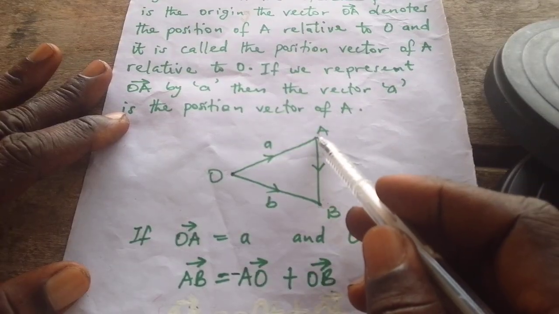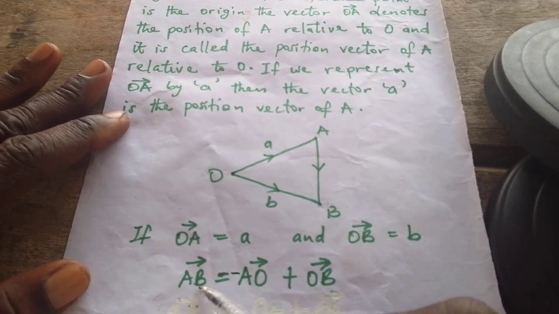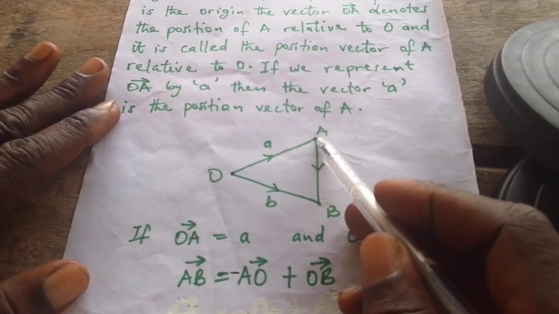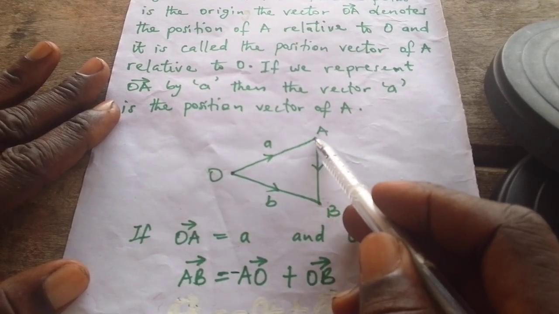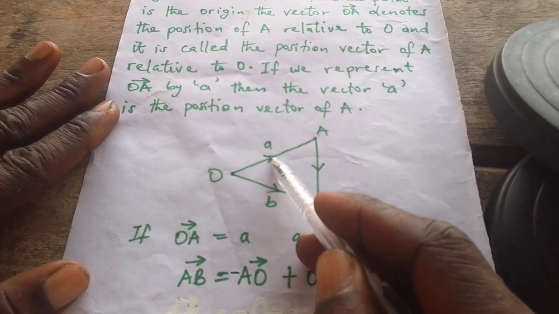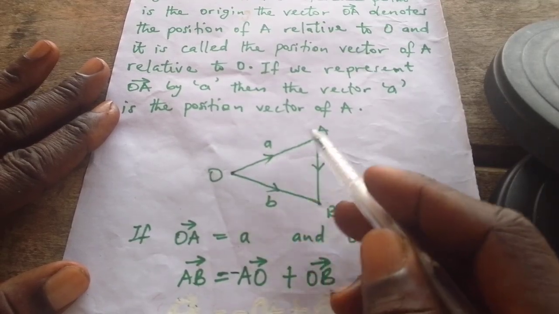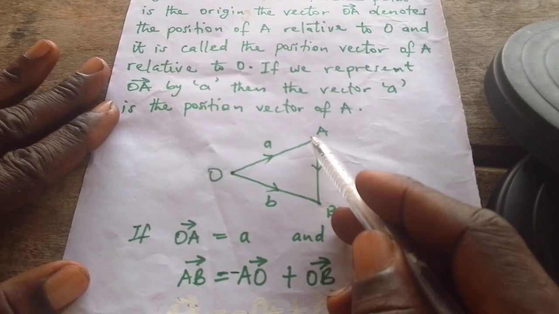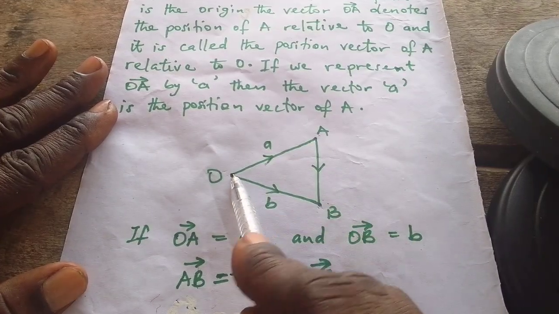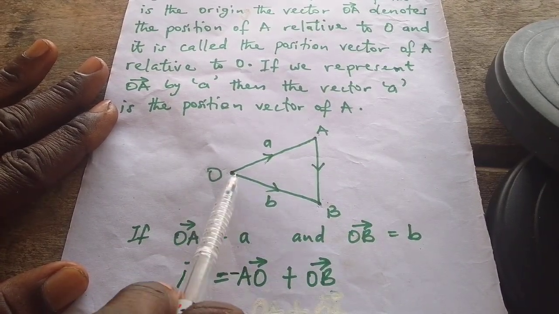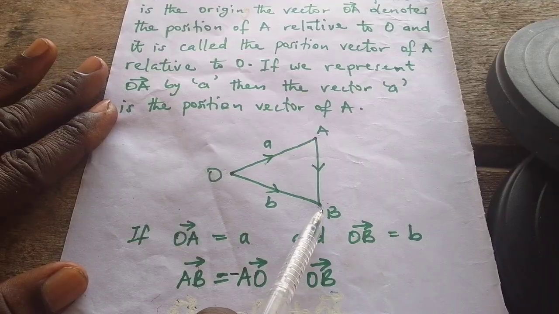So to describe vector AB in relation to the position vector, what will it be? This one goes against this particular arrow, so it will be minus AO, then plus OB, because this one follows the same direction.